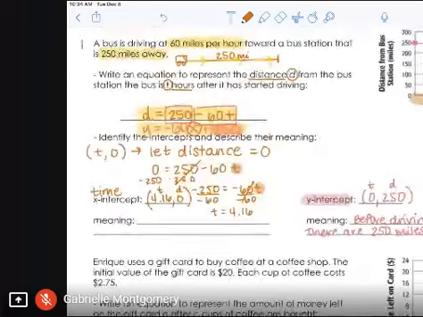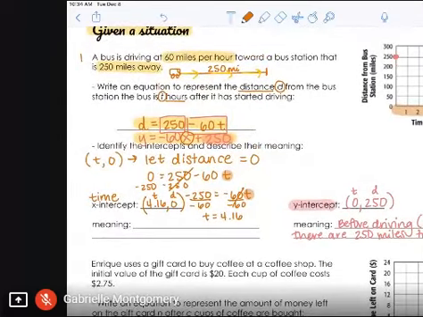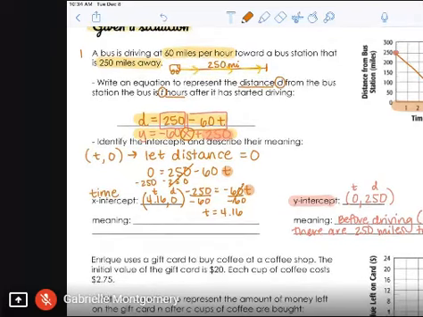If I were to graph that, 4.16 is going to be kind of right here. 4.16 comma 0. I can connect these dots to show that as time goes on, I'm getting closer and closer to my destination until at 4.16 hours, I have 0 miles left to go, meaning I've arrived.